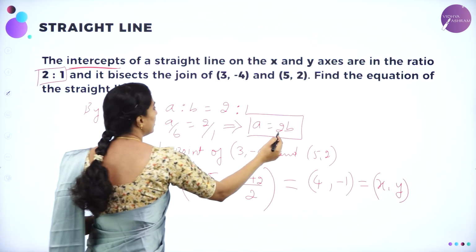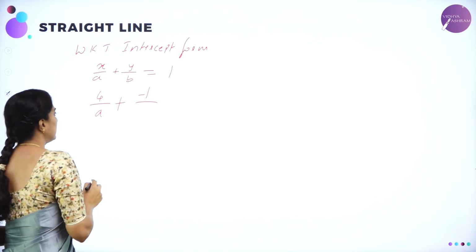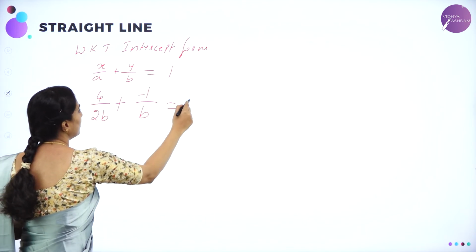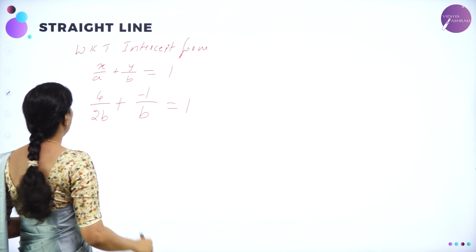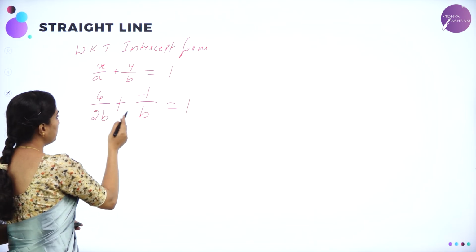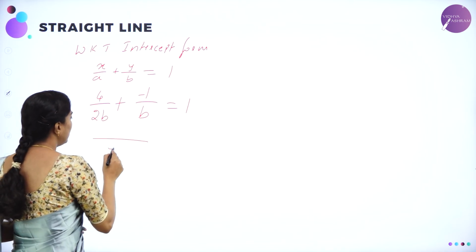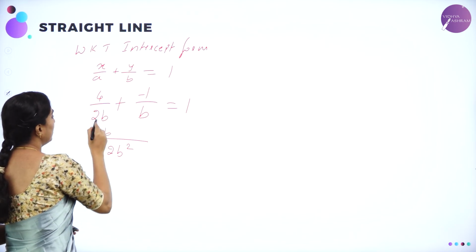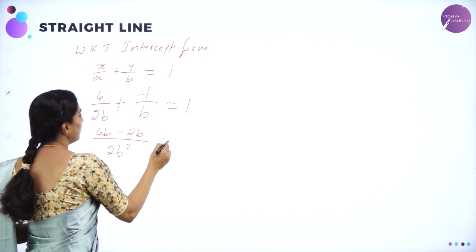Here a is 2b, so 4 by 2b minus 1 by b is equal to 1. You can have by cross multiplication b into 4, which is here 2b squared, b into 4 minus 2b is equal to 1.